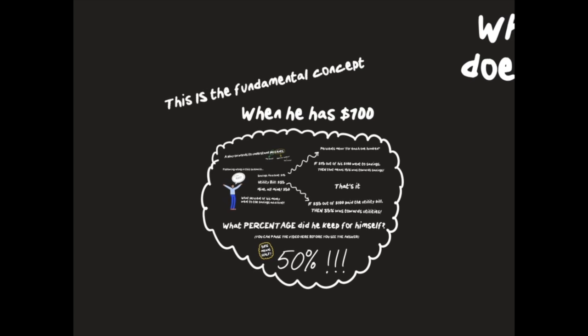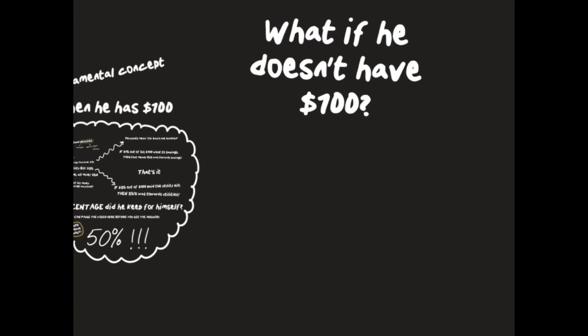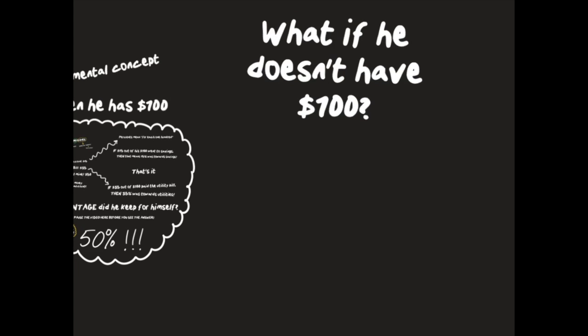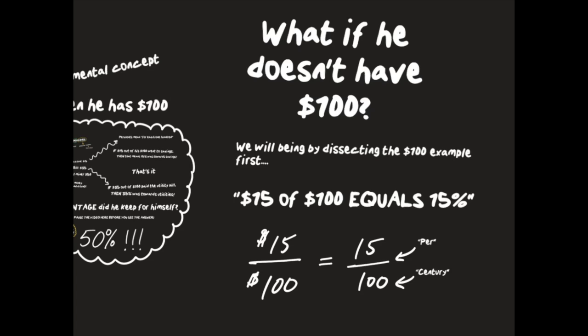To have a deeper understanding about percentages, we have to know what if he does not have $100. How will we calculate the percentages then? We will begin by dissecting the $100 example first. So $15 of $100 equals 15%.